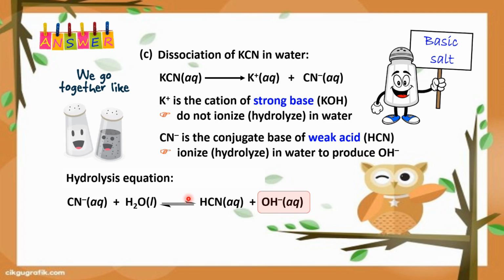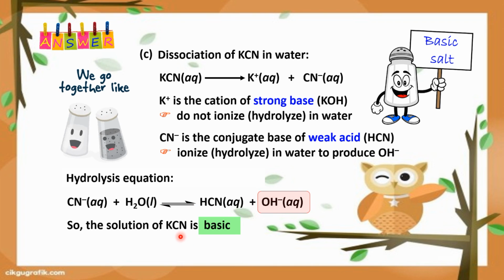This reaction is reversible since the anion, CN minus ion, is the conjugate base of a weak acid, so you have to use the reversible arrow. Because the product formed here is OH minus ion, the solution of KCN is a basic solution.